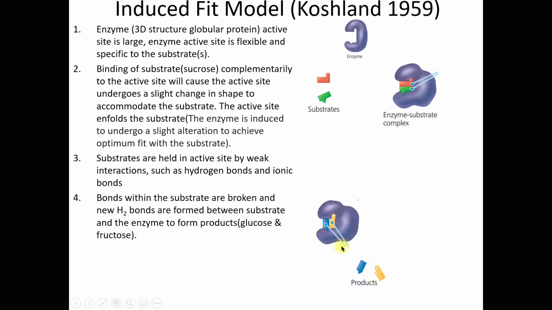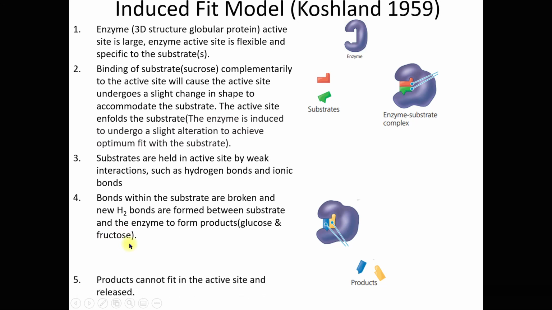Next, the bonds within the substrate are broken and new hydrogen bonds are formed between the substrate and the enzyme to form products. For example, if the substrate earlier was sucrose, eventually the products will be glucose and fructose.